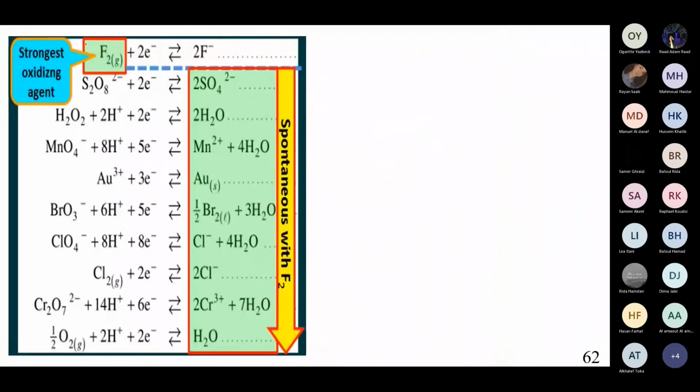Always, the oxidizing agent can react with anything below it on the right-hand side, nothing above it.